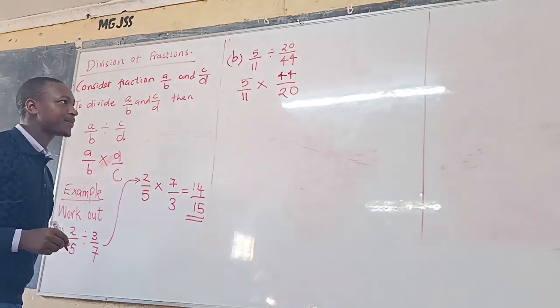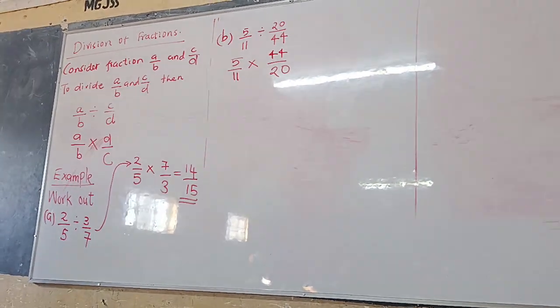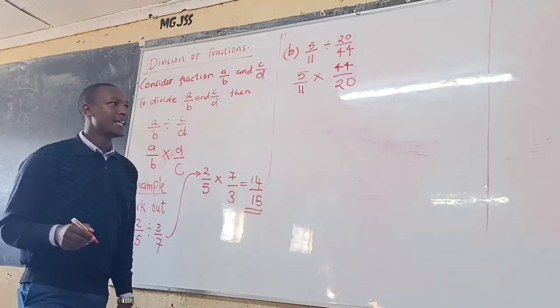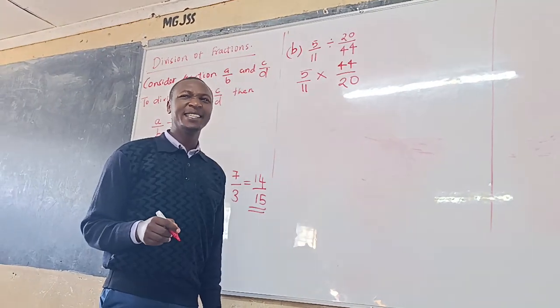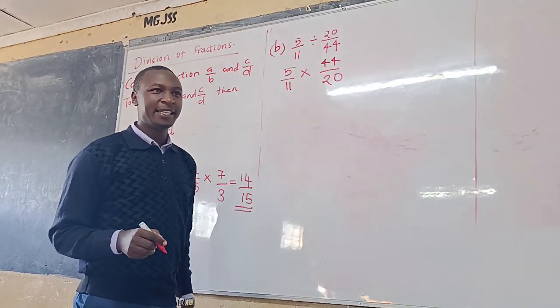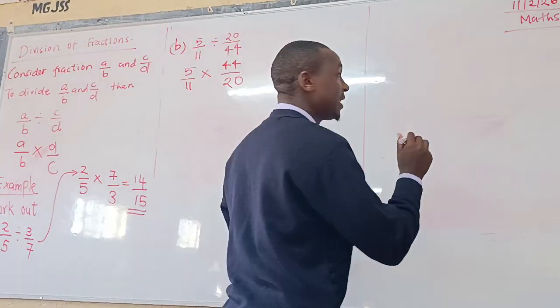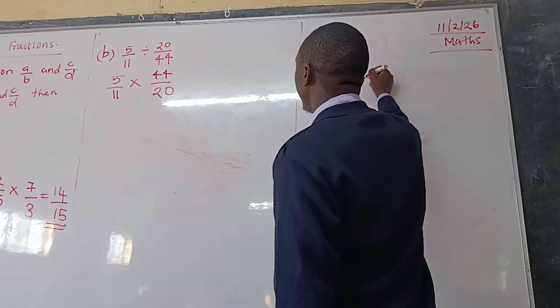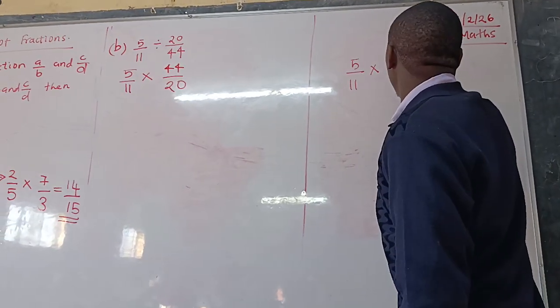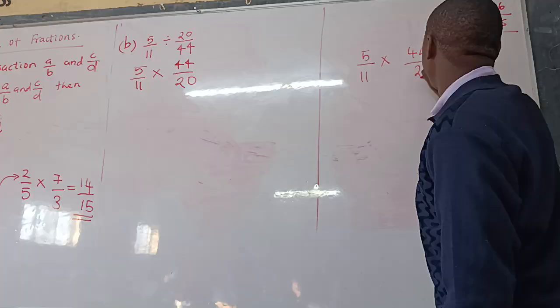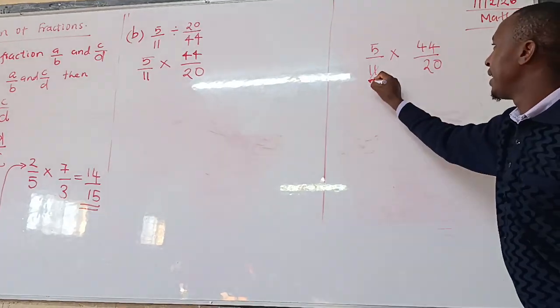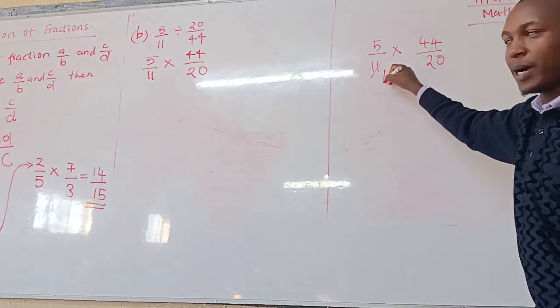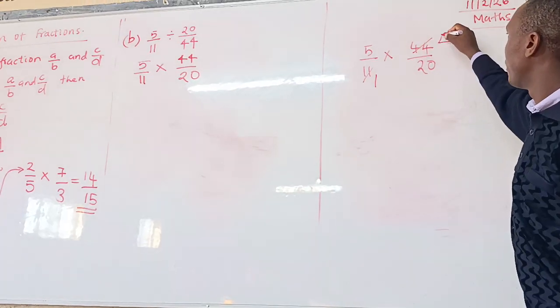Now here, friends, you are allowed to cancel. Do you remember how I did it there? Let me do it first of all. Times 44 over 20. By 11, 1, by 11, 4.